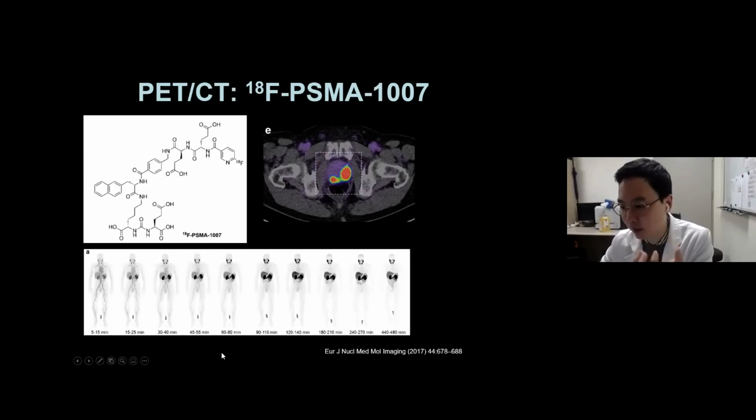At the time point when we usually do the image, like 60 to 80 minutes, there is quite no urinary uptake, also in the bladder. So there is a high chance to detect the prostate bed lesions using this F18 labeled PSMA.